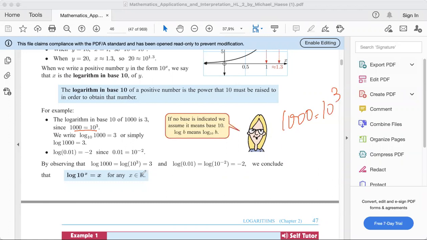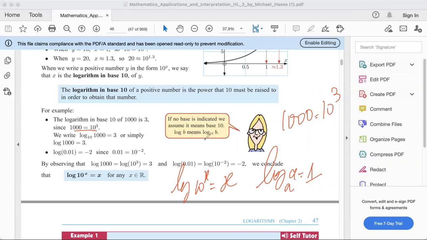This is the rule. When you have logarithm base 10 of 10 power x, the result is x. Because we have simplified, logarithm of a to base a equals 1.